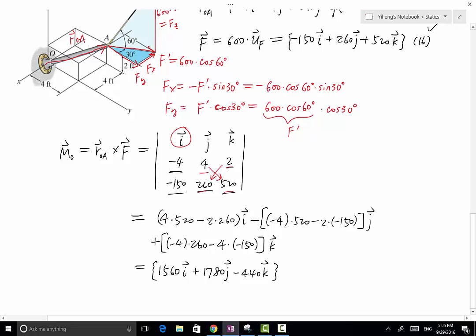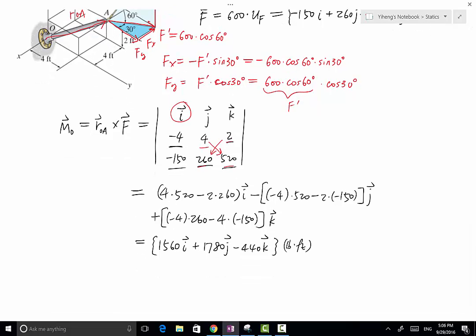This is in the unit of pound-foot. You can keep it like that, or if you want to convert that into kip-foot, that's fine too.